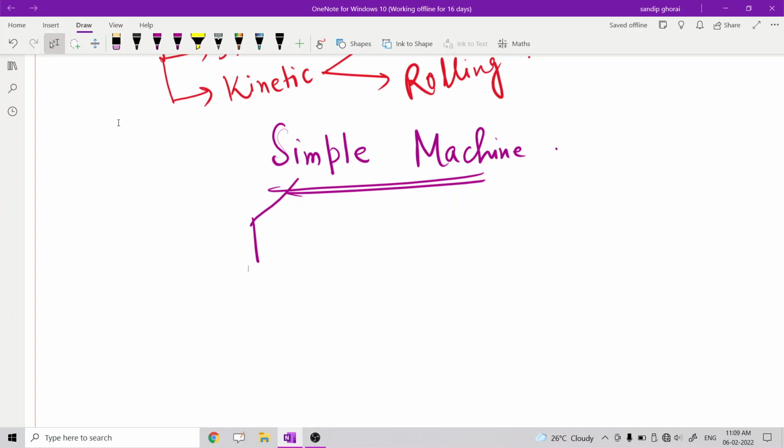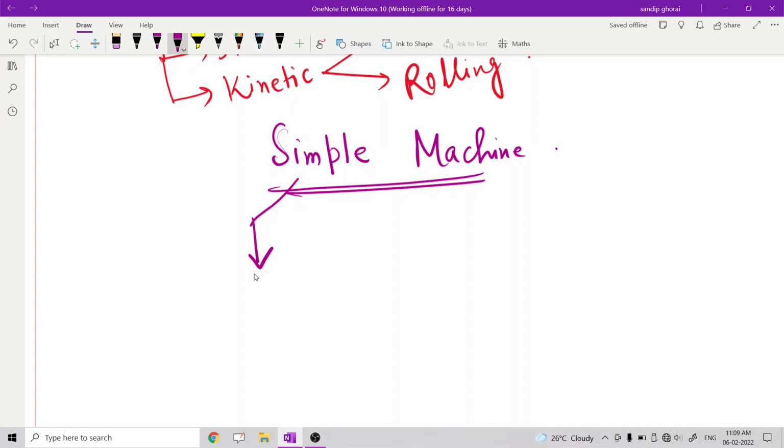These are called simple machines, that means they have just a few or no moving parts. Whereas if you think about complex machines, you can take a screw machine, cars. These are examples of complex machines, and complex machines have different types of moving parts. So this is the basic difference between simple and complex machines.